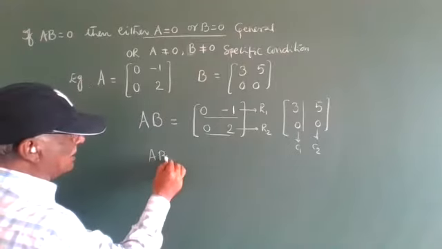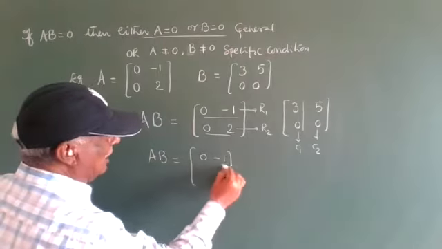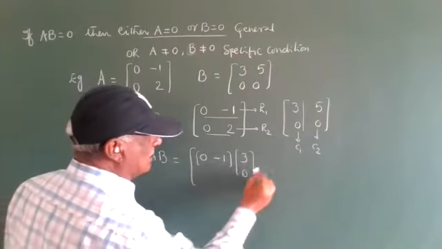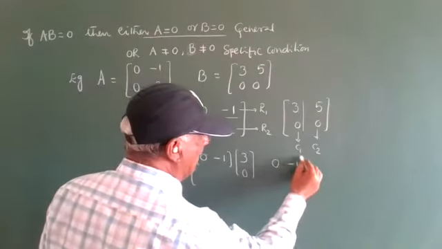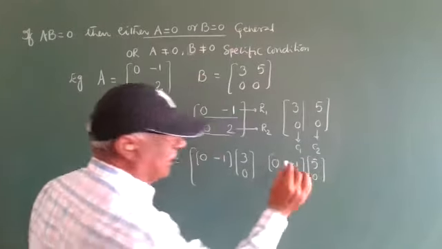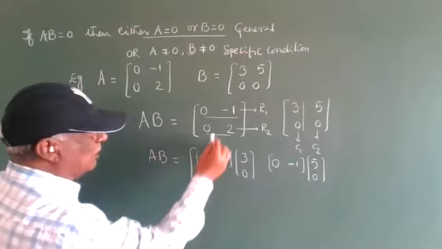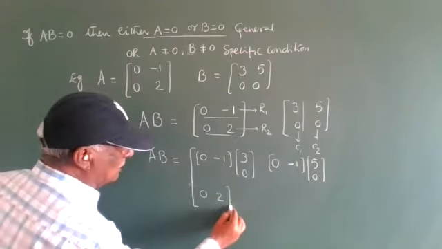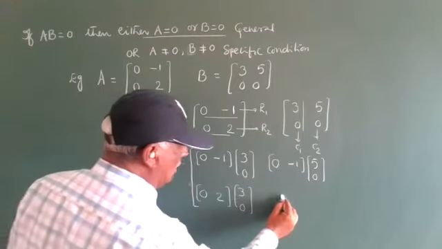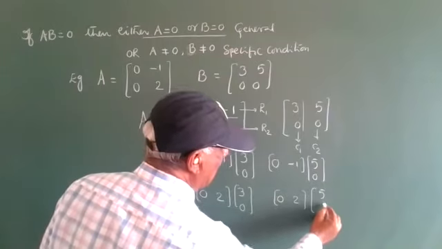Therefore AB is equal to: the first row 0, minus 1 multiplied with the first column, and the same row multiplied with the second column. We can do it directly, but I am writing it for some time as practice; you should do it directly. Then the second row 0, 2 multiplied with the first column and with the second column.